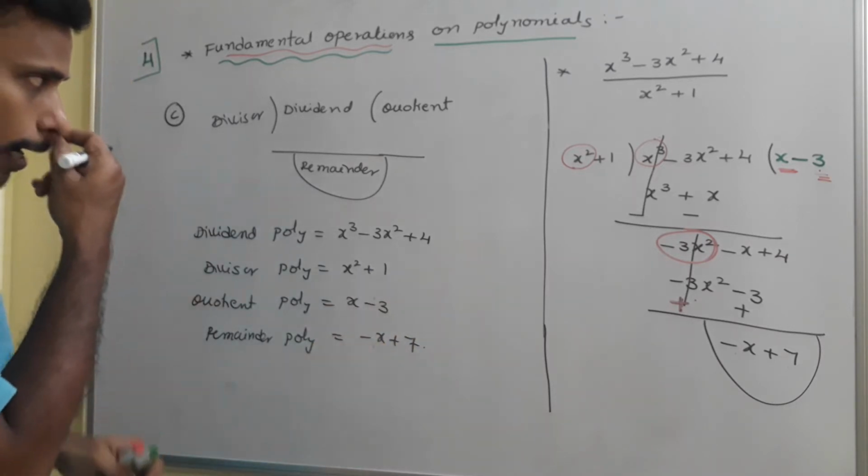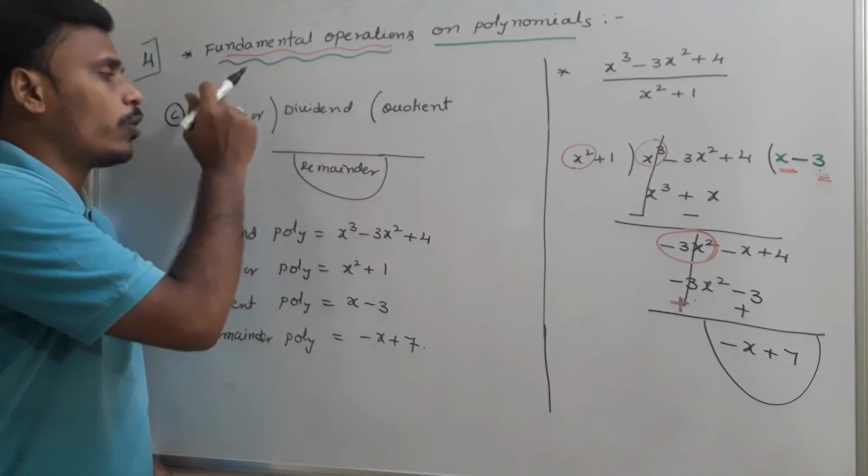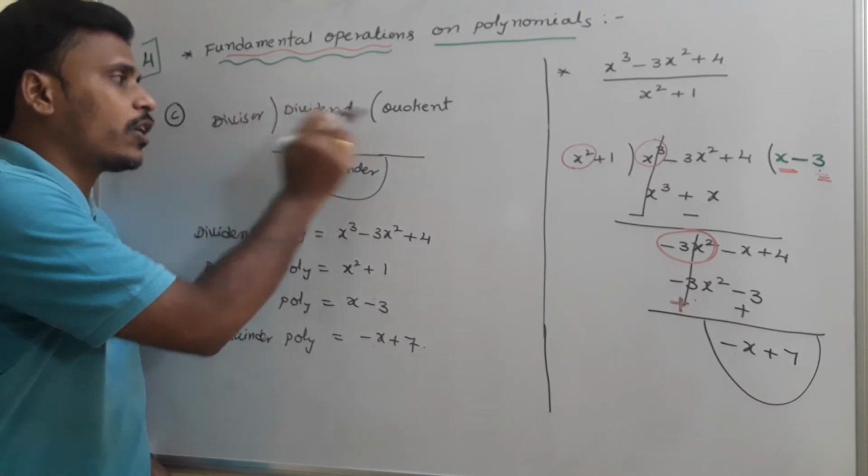And after that, if you have this division, dividend, divisor, quotient and remainder.